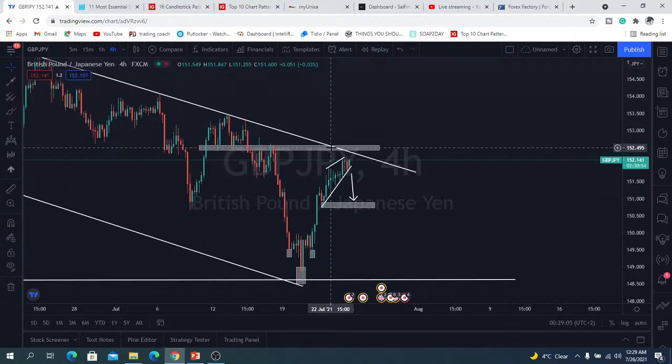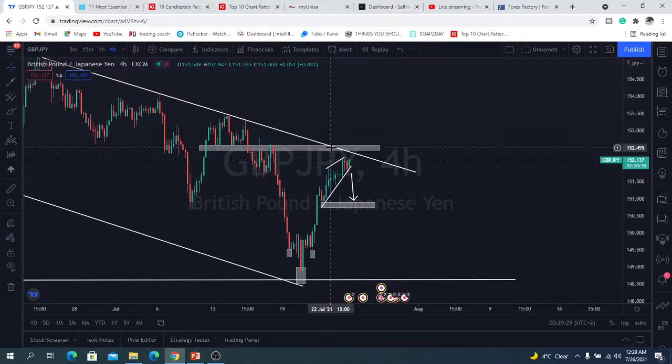You don't take action anywhere without confirmation. There are a lot of confirmations that you can wait for, but I'm just going to talk about bullish and bearish engulfing only. If you understand those, then you're good to go.